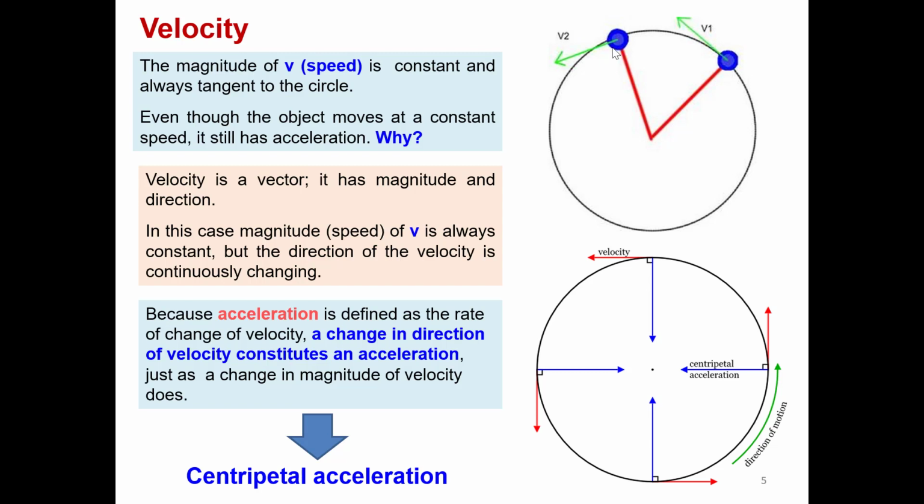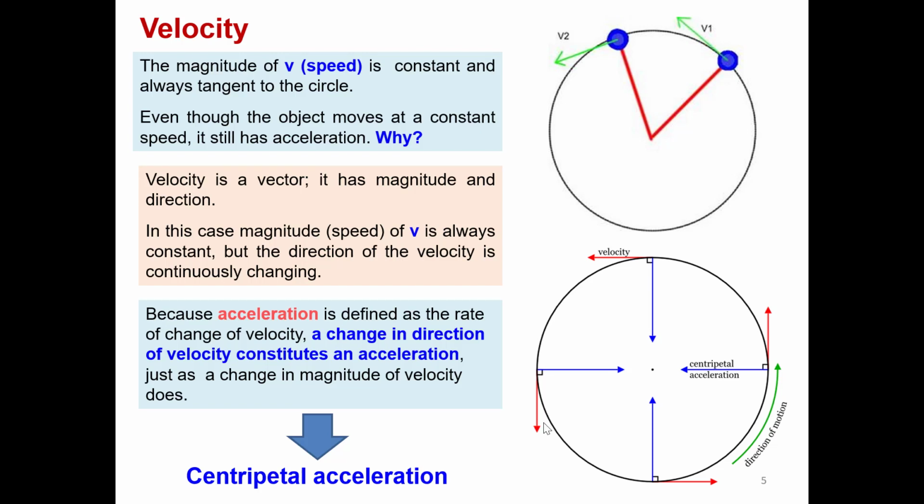As we can see in this graph, the velocity vector is always tangent to the circular trajectory. But the speed, meaning the magnitude of the velocity, is constant. However, the direction of the velocity always changes at all points.